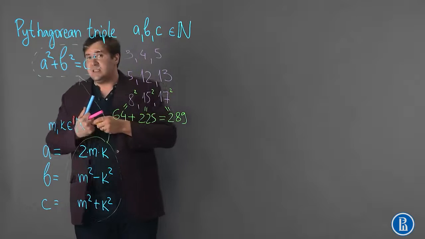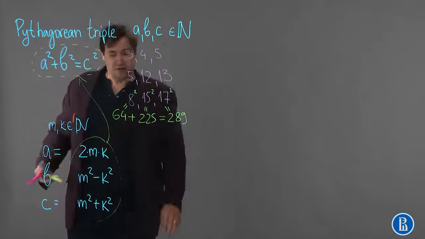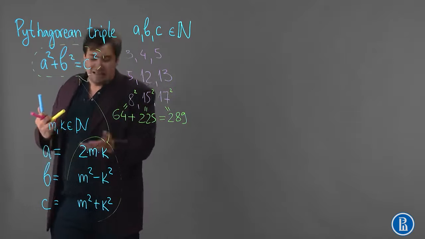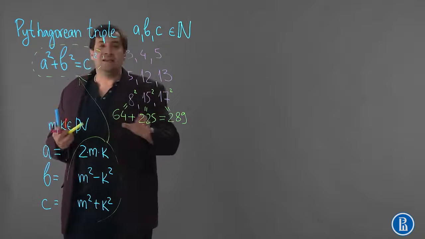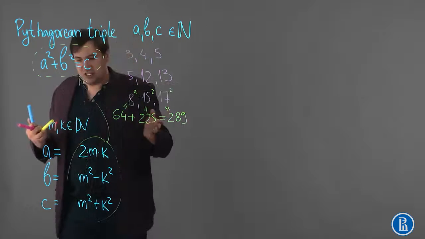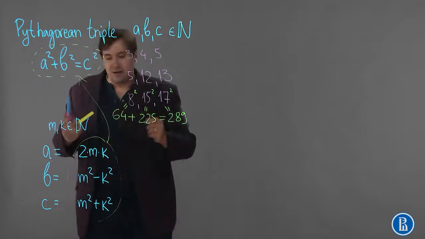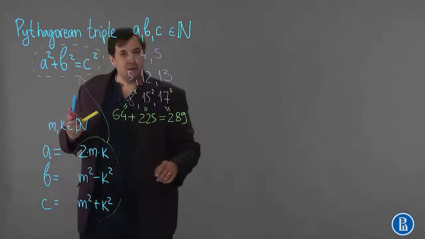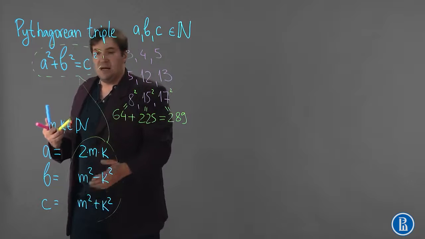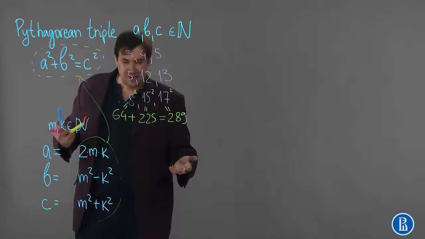So this means that it can give us infinitely many Pythagorean triples. Well, really, just imagine, we can take any two natural numbers, m and k, put them in this formula. This will give us a, b, and c, and automatically a, b, and c will be a Pythagorean triple, right?